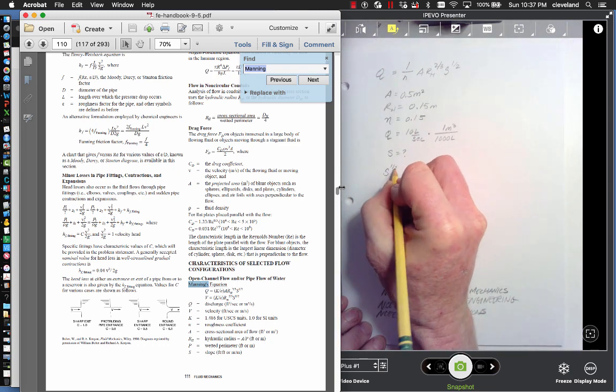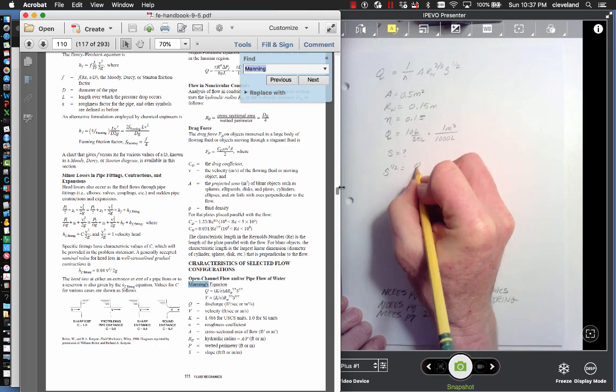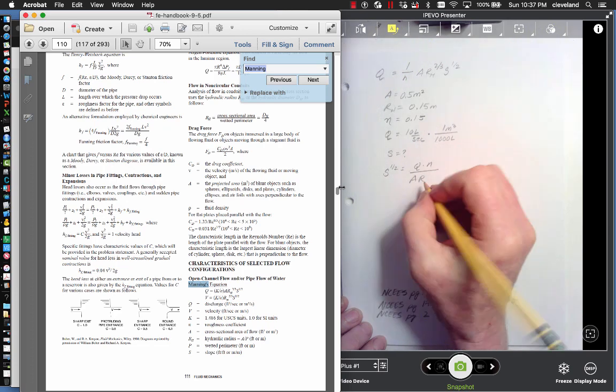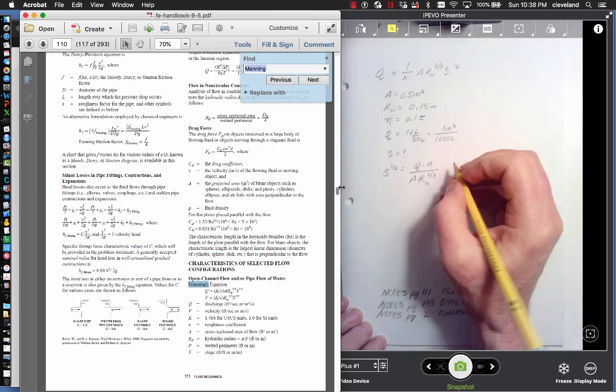S to the 1/2 power is equal to Q times N divided by A R sub H to the 2/3.